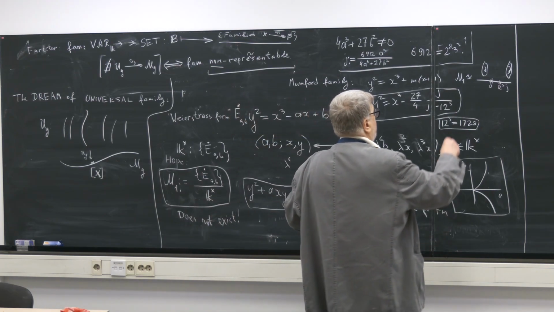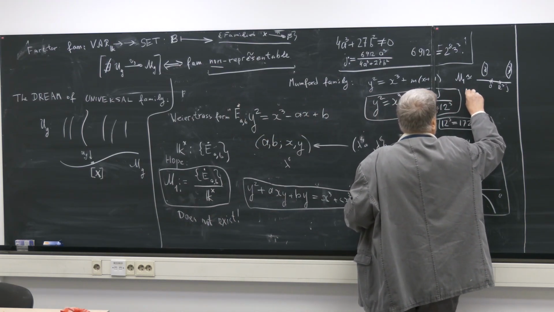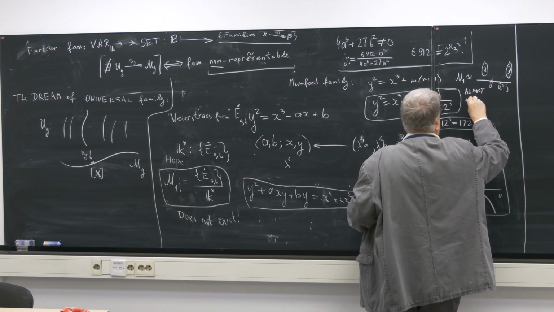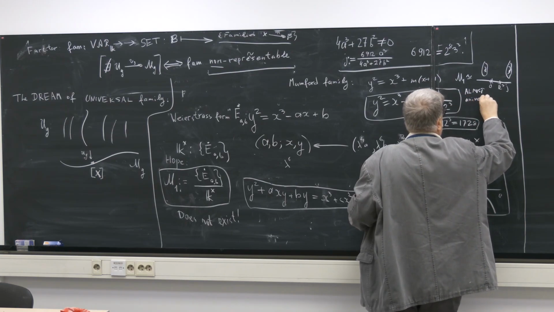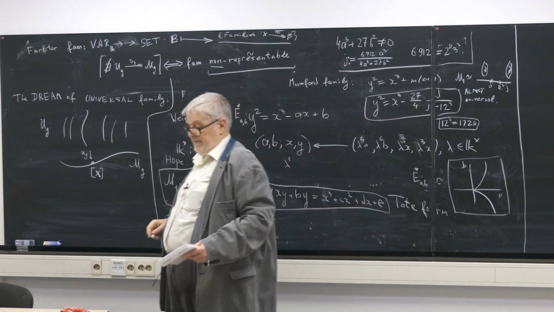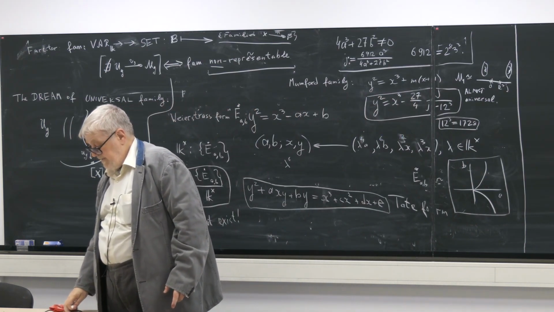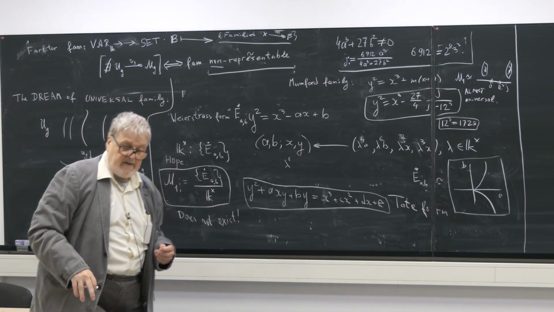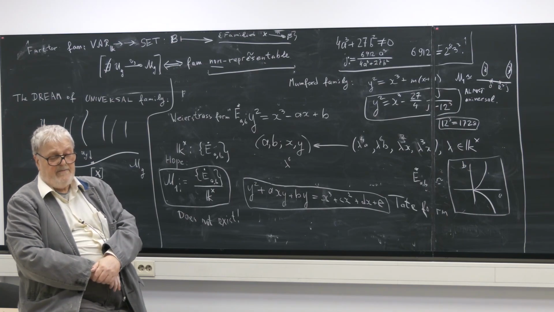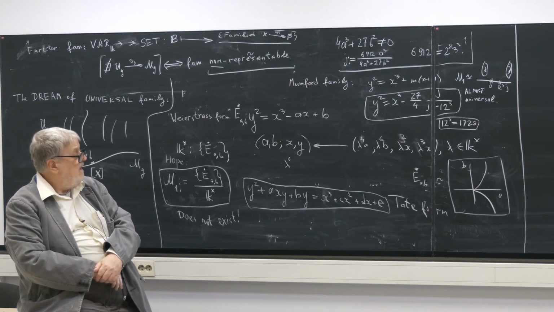Perhaps we call it almost universal. In some sense, we can also say that the family functor of elliptic curves, the functor of genus 1, is close to being representable.